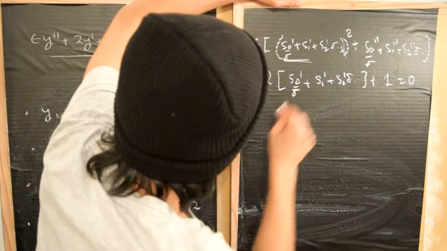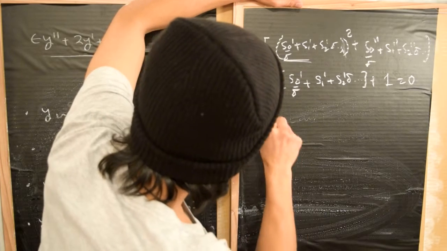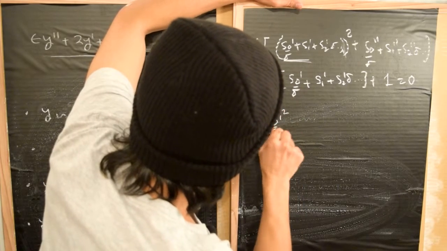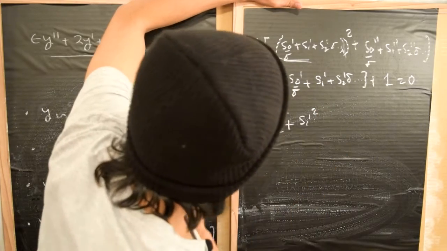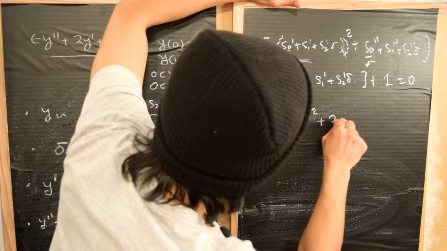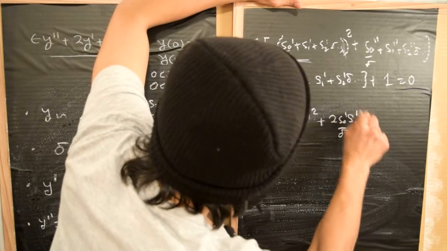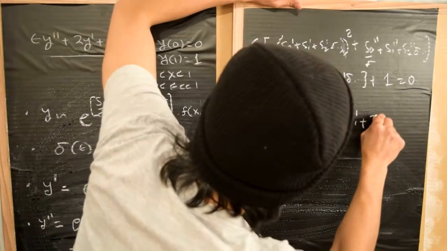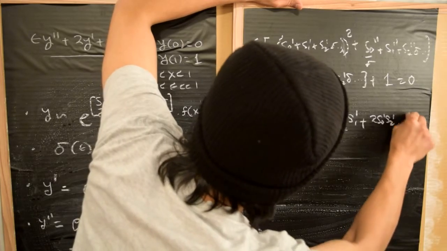So from here, let's expand this, and we'll find that the expansion is s naught prime square by delta square plus s1 prime square, and higher order terms, plus you have 2 s naught prime s1 prime divided by delta plus 2 s naught prime s2 prime, and so on.